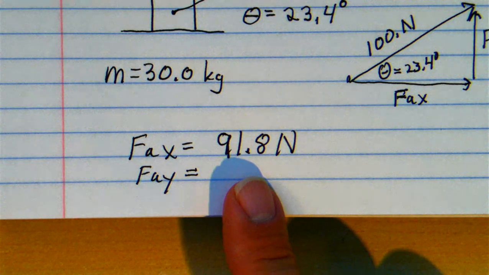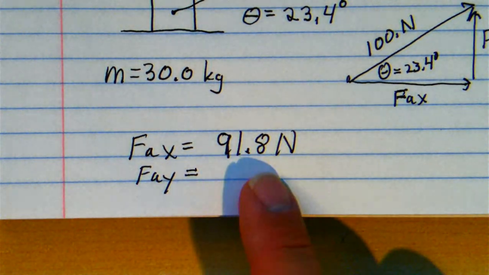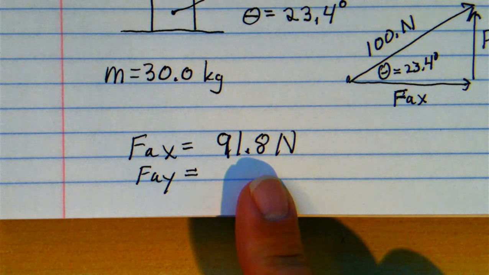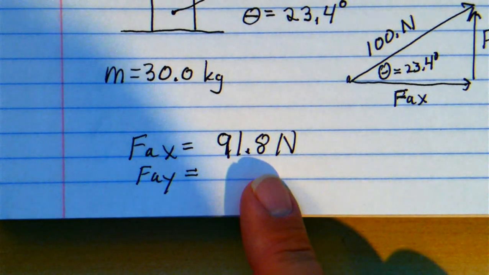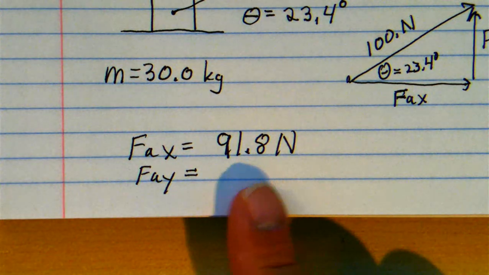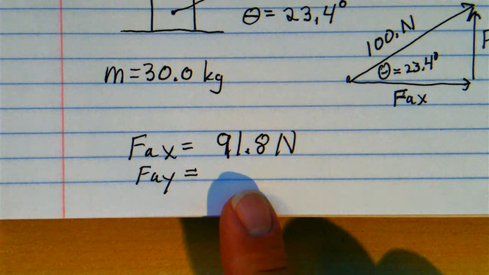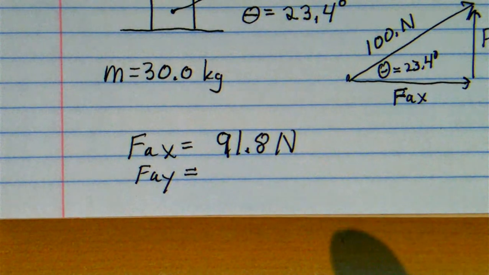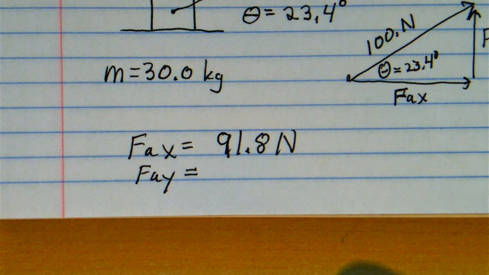So you could use that information. I myself would have just used the original values because this 91.8 newtons is ever so slightly rounded off. It was actually 91.77546257 dot dot dot. So just to have it be slightly more precise, I would have used the original values and then the trig function that relates the opposite side to the hypotenuse.